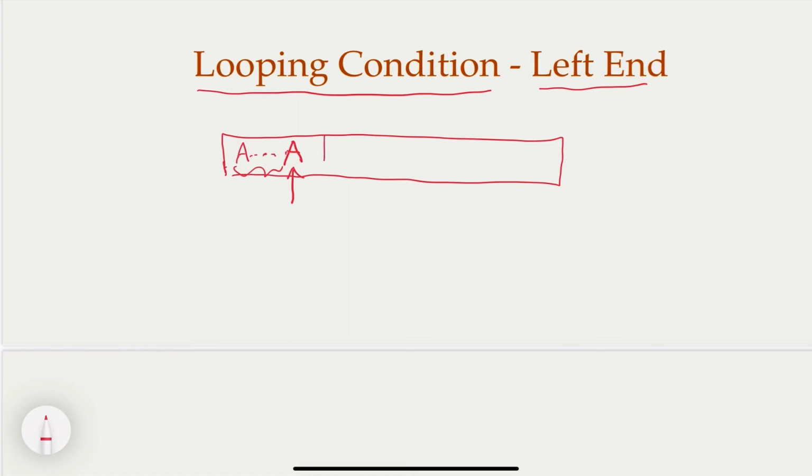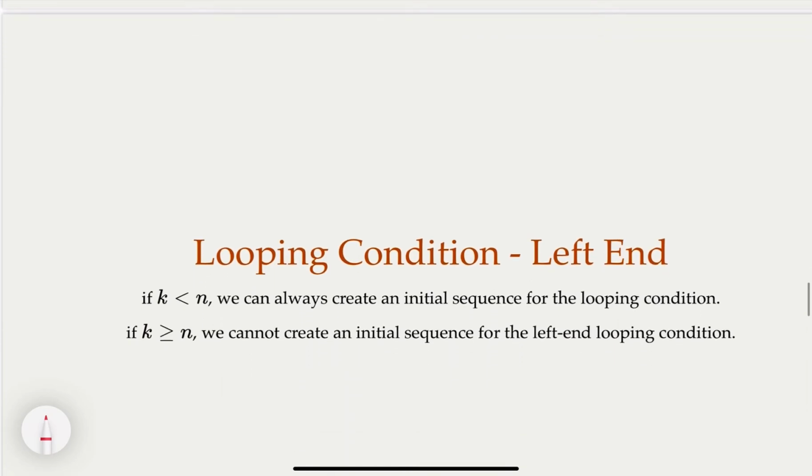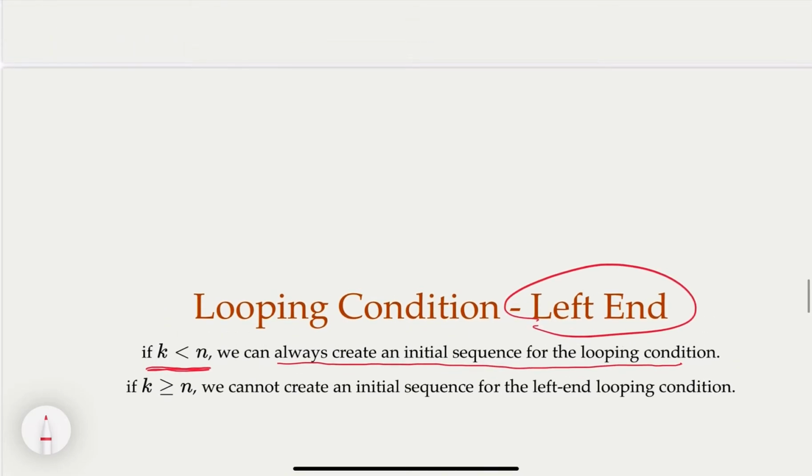All right, so I claim that if k is smaller than n, we can always create an initial sequence for the looping condition on the left end. Yeah, that's very easy. Given n, it is a total of 2n coins here.